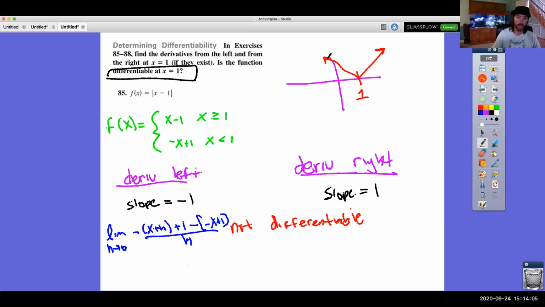But I'm kind of just doing a common sense approach here because I know it's absolute value. I know it's a v. I'm using the definition to describe that the slopes are always going to be negative 1 and positive 1. And if it's differentiable, they should be the same. Like I said in class, if you recall, there is a sharp corner at x equals 1. You cannot take the derivative at a sharp corner. So just another little visual that kind of goes along with this one, which may be helpful for you guys.